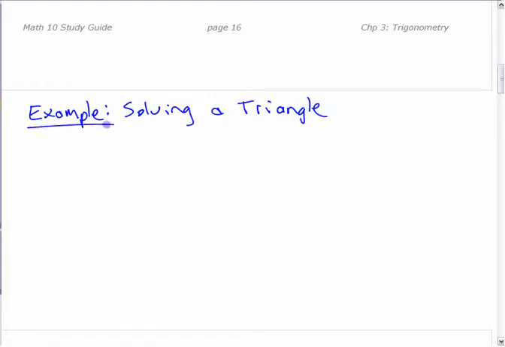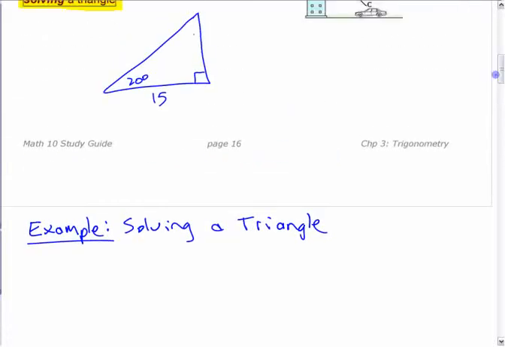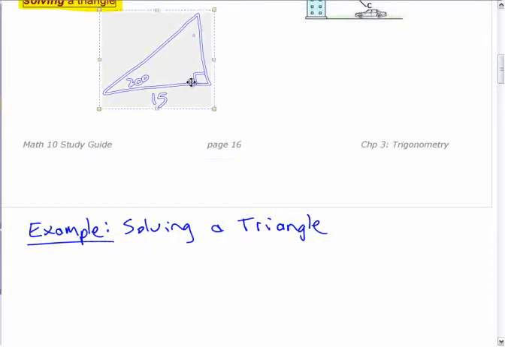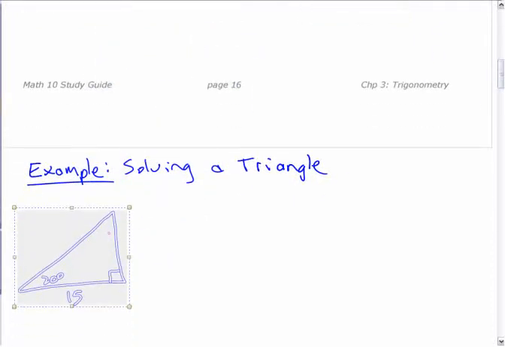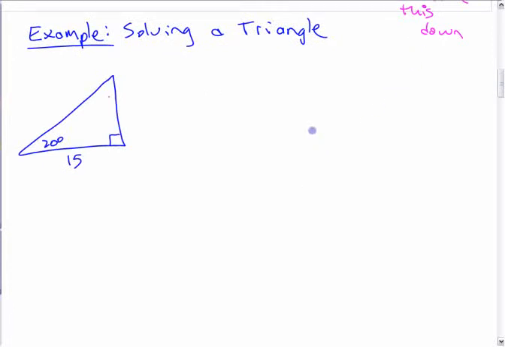So let me grab that triangle and bring it down here. Okay, so if we're going to solve that triangle, it means finding all missing sides and angles.